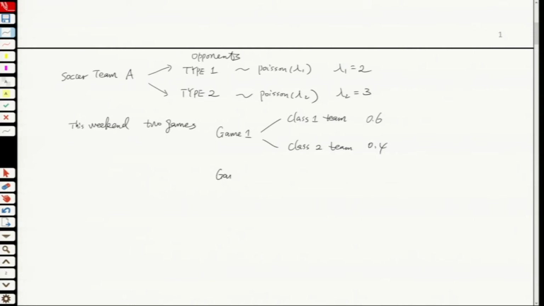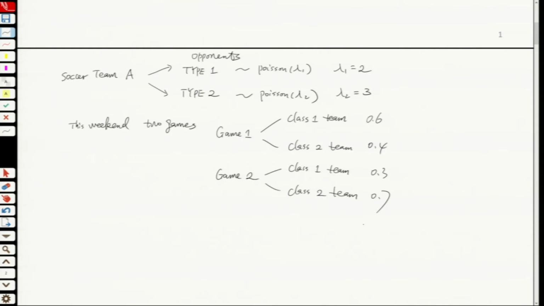And then game 2. Game 2 is independent of game 1, but still there is a probability to play with a class 1 team and a class 2 team. So class 1 team is 0.3 and class 2 team is 0.7. Okay.